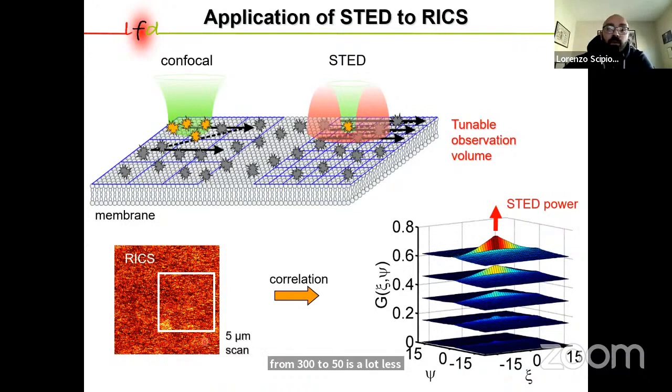And then when you do RICS, going from the confocal to increasing the STED power, you see that the autocorrelation function gets higher and higher because you're exciting fewer and fewer molecules. So you're getting a much higher signal to noise ratio, let's say, when computing RICS.